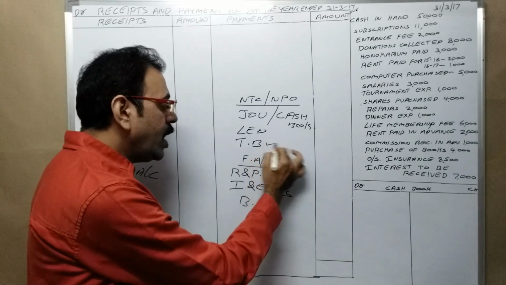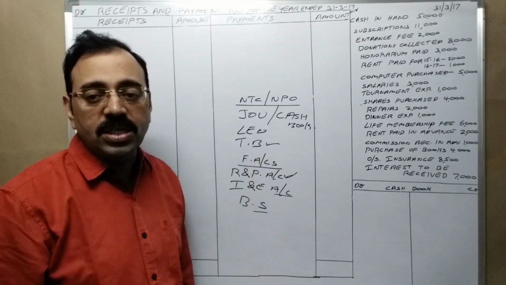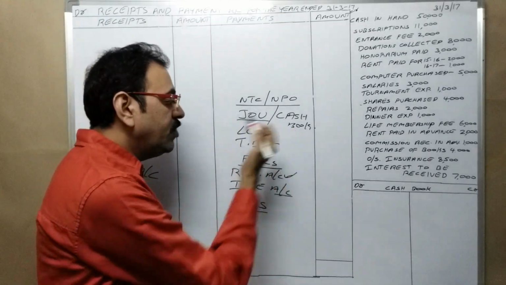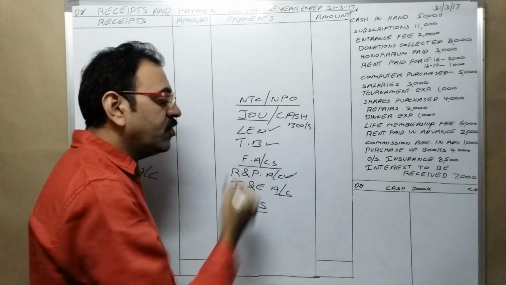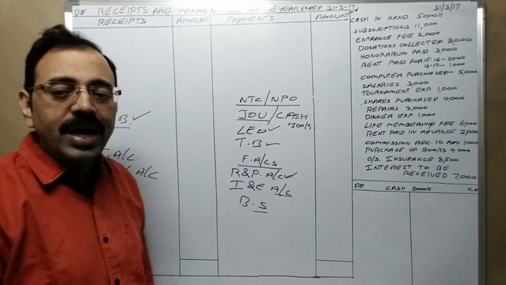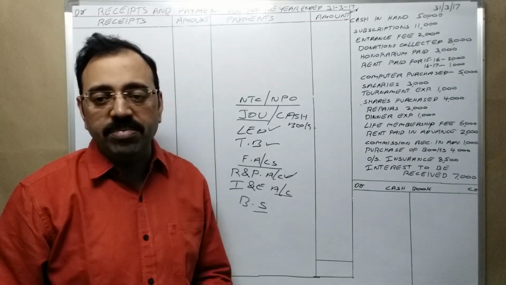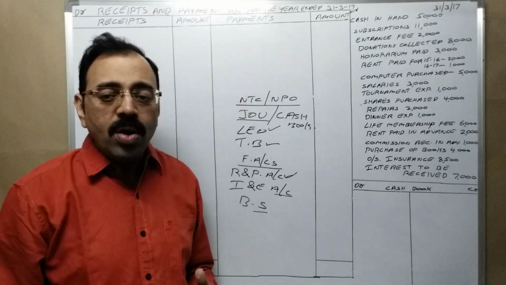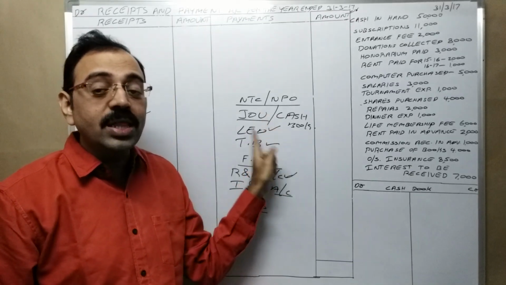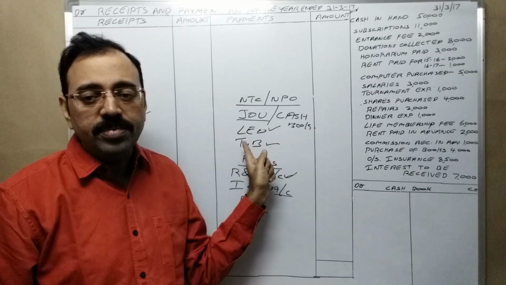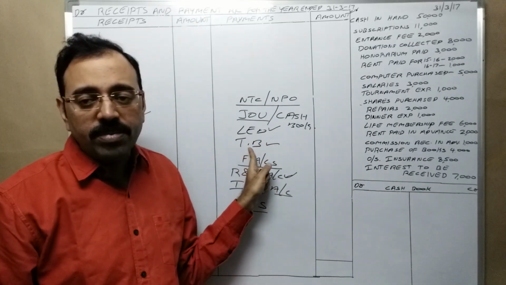Why do they prepare trial balance? Because by following double entry system, they write some journal entries in the journal book and they post those journal entries in respective accounts in the ledger book. When any firm follows double entry system, then to know whether these entries are posted in the accounts properly or not, they should maintain a trial balance.